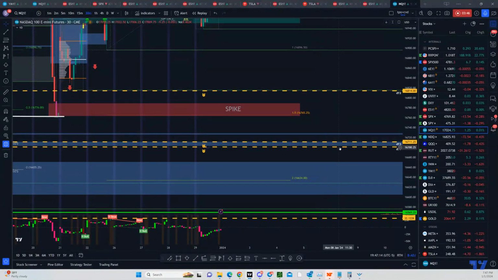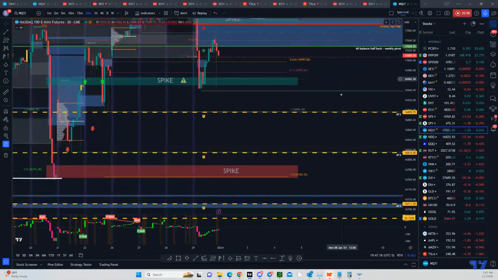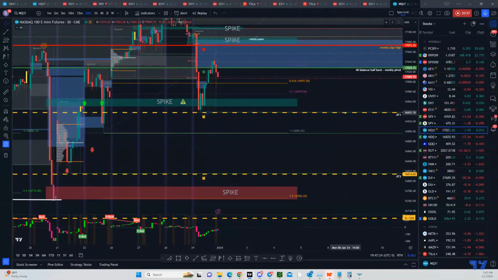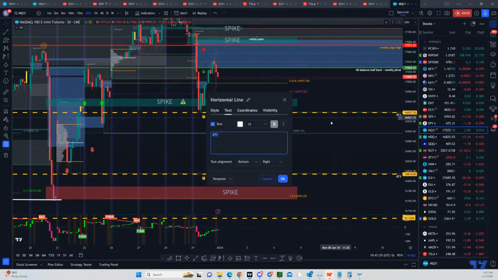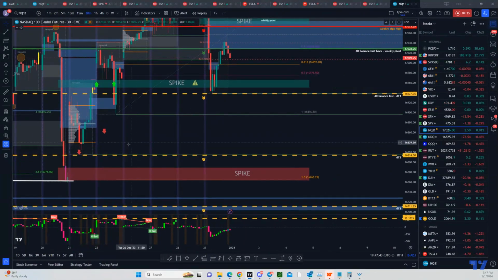And D1 is going to be the balance low, which is this area here. 937.